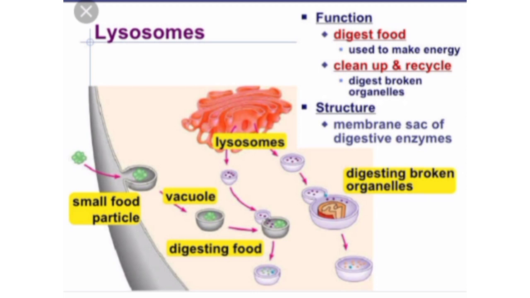Now, the functions of lysosomes. Lysosomes are involved in intracellular digestion of foreign food or reserve food, so they are called digestive bags. These are involved in autolysis, that is, the self digestion of cells after their death or cellular damage, so they are called suicidal bags.